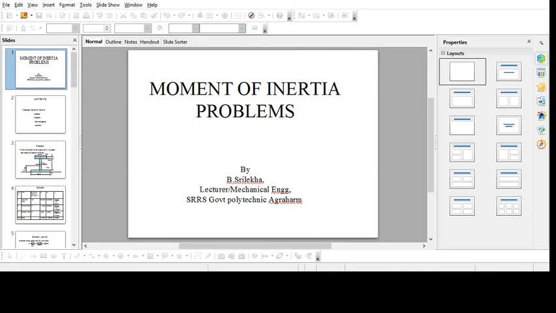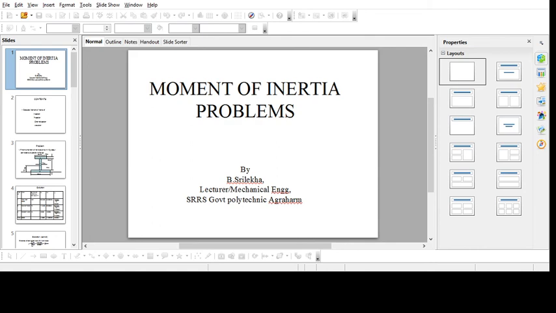So Iy1 is d b cube by 12, which means 10 into 70 cube by 12 plus 750 into 19.67 square, plus again 10 into 115 cube by 12 plus 1150 into 12.83 square.